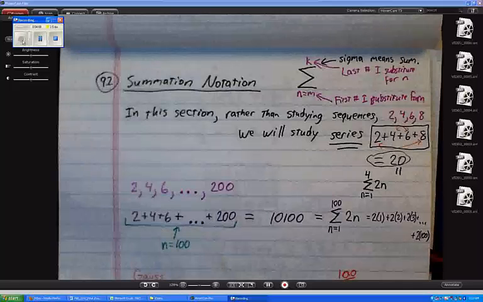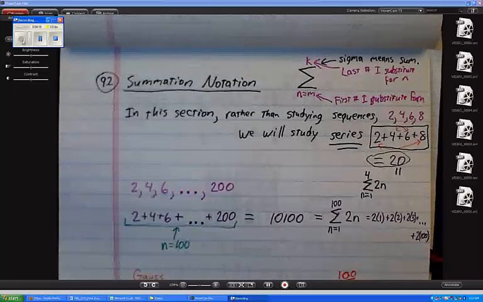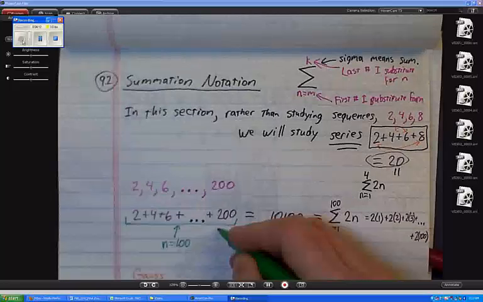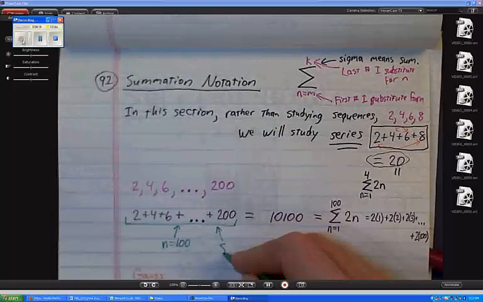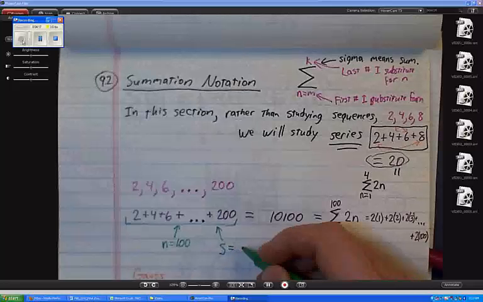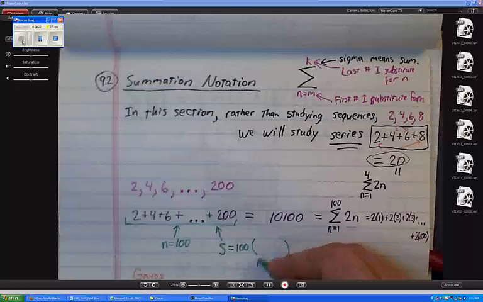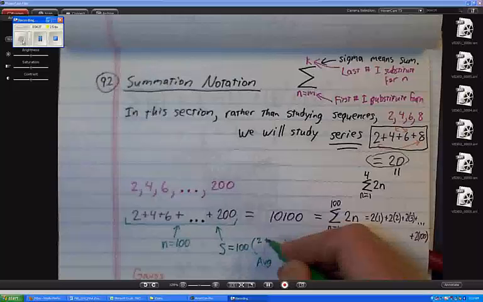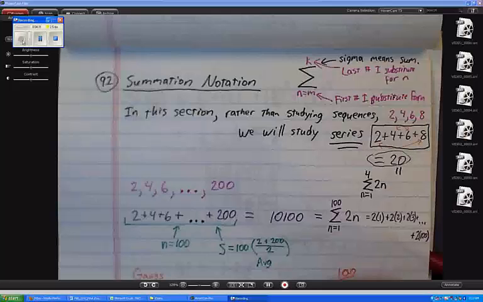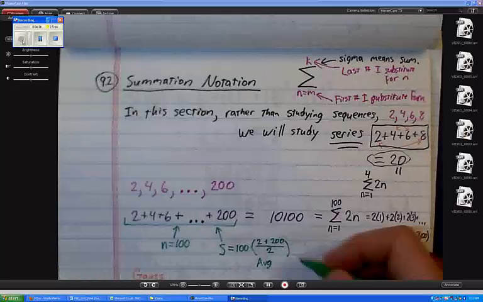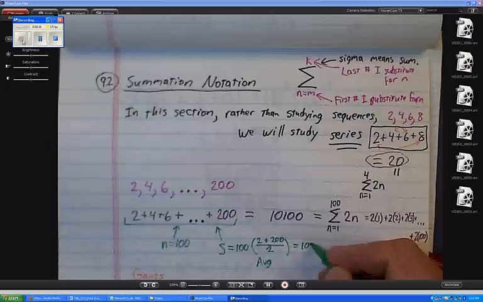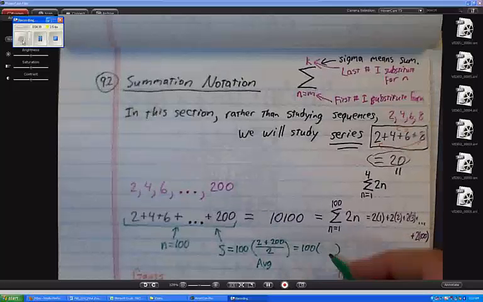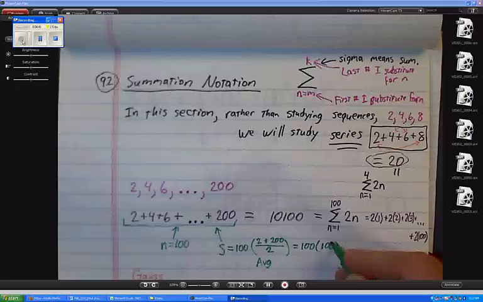So according to my formula, the sum is equal to 100 times the average. The average of what? Well, 2 plus 200, the first term plus the last term divided by 2. And so it really is 100 times, and what's 202 divided by 2? That'd be 101. It really does give you that 10,100.